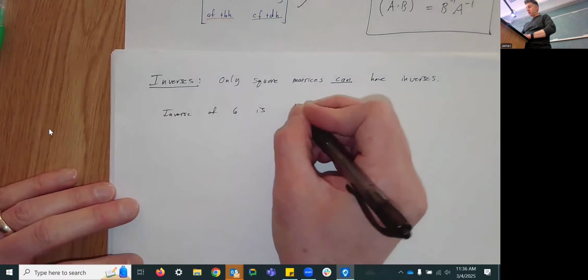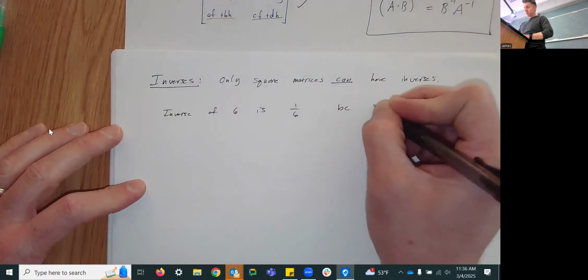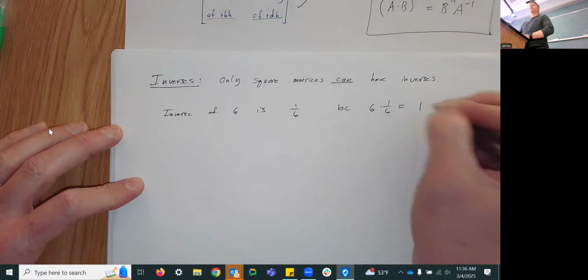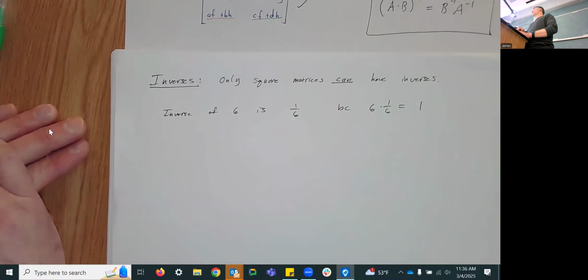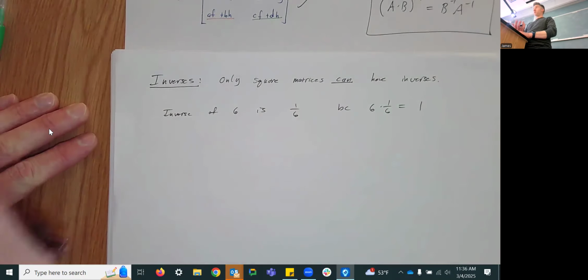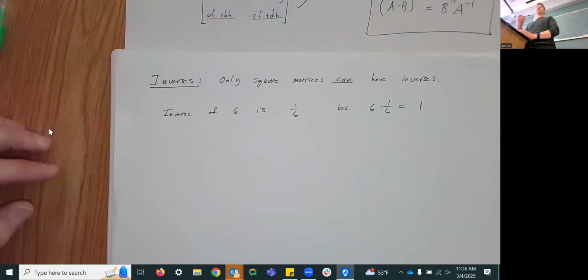It's called the multiplicative inverse because when you multiply 6 by 1/6, what do you get? Right, the multiplicative identity. I will also point out there is an additive inverse as well. The additive inverse of 6 is -6 because 6 plus -6 equals 0, the additive identity.